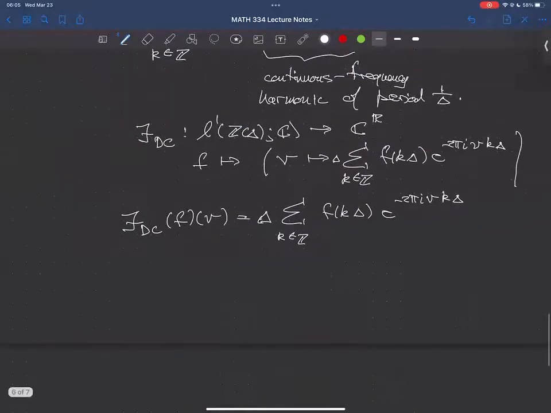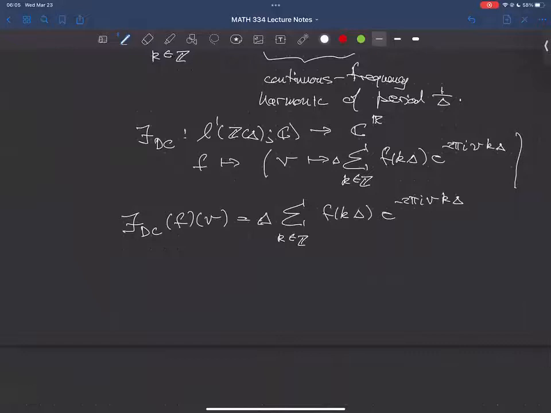And so then the final Fourier transform is the discrete time, discrete frequency. These are going to be discrete time, periodic signals.